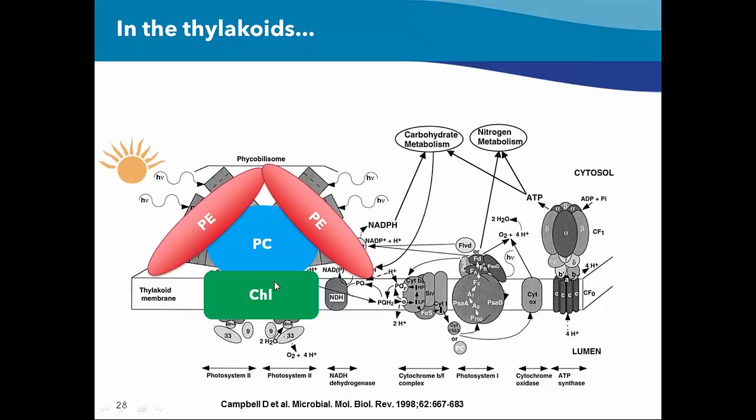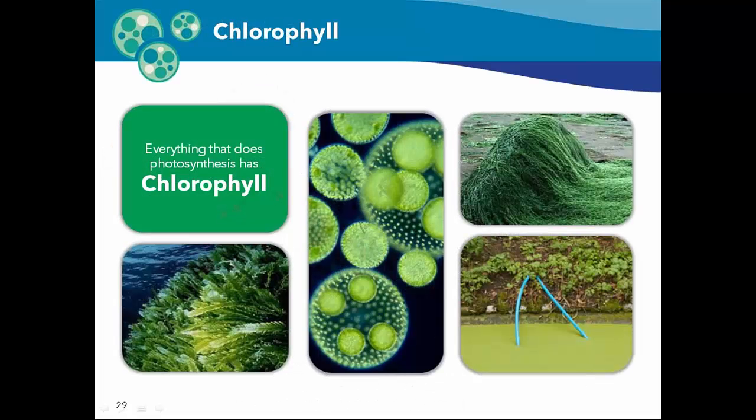These three pigments are absolutely critical in photosynthesis. And as a reminder, what's going on here is the pigments are helping us to harvest that energy from the sun, and that energy is going to be used to make sugars or to make the biomass that becomes the algae. Here's why that matters.